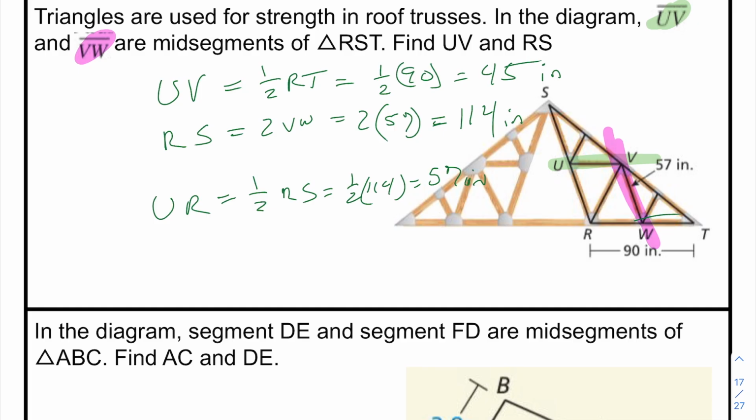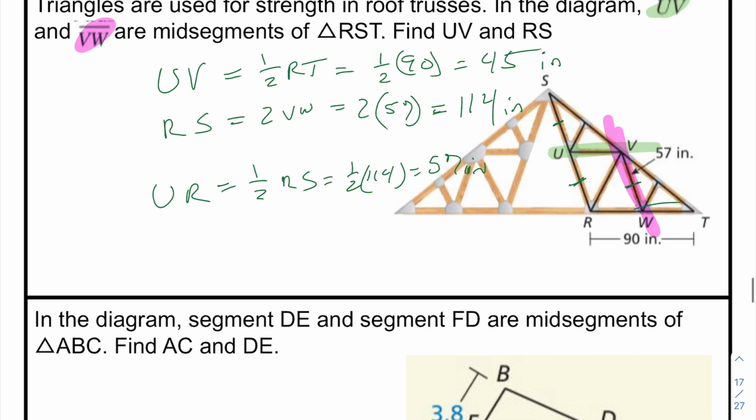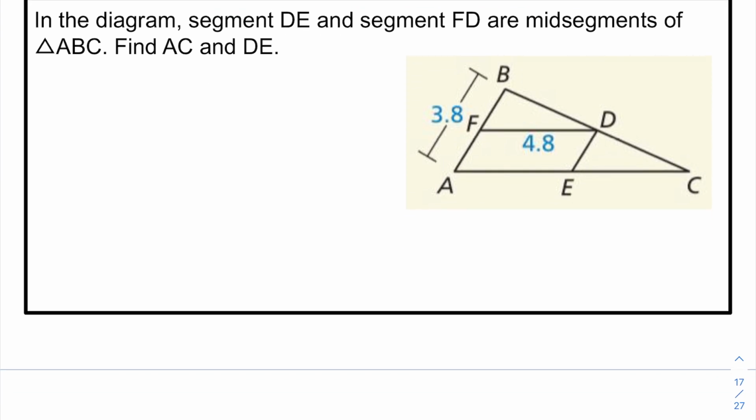So UR equals 57. So SU, UR, and VW are all the same size. Something to keep in mind, because that can save us a whole lot of time and effort, realizing that those three things have to be the same all the way around the triangle for each mid-segment.